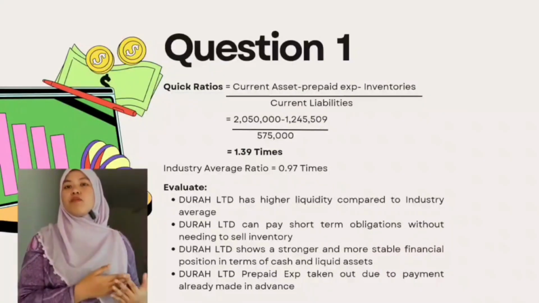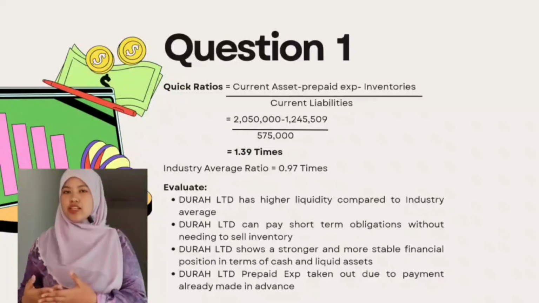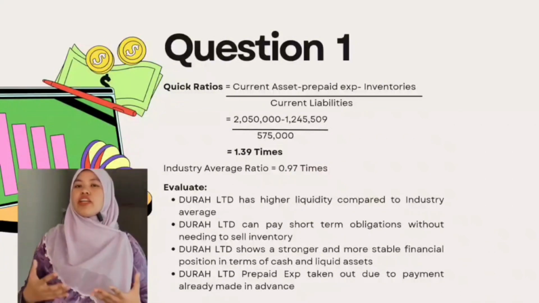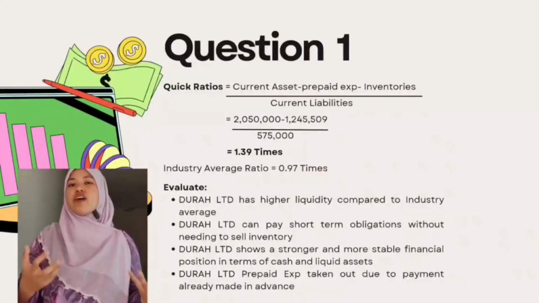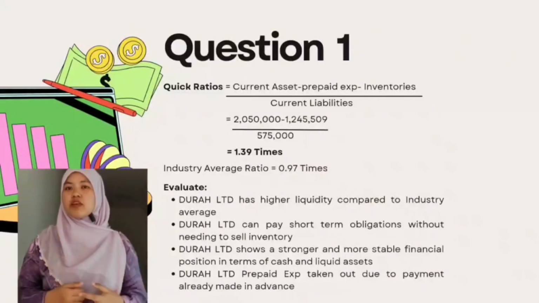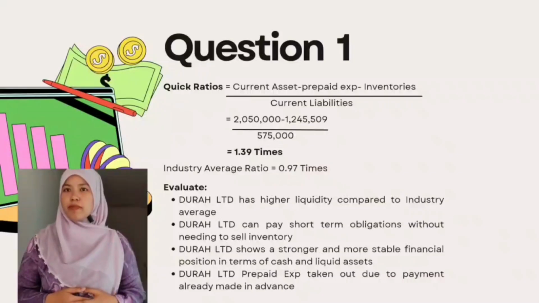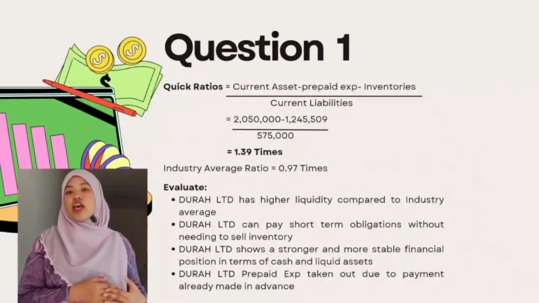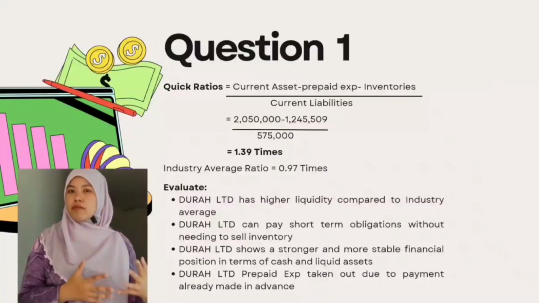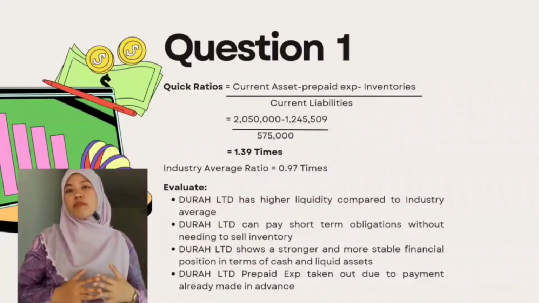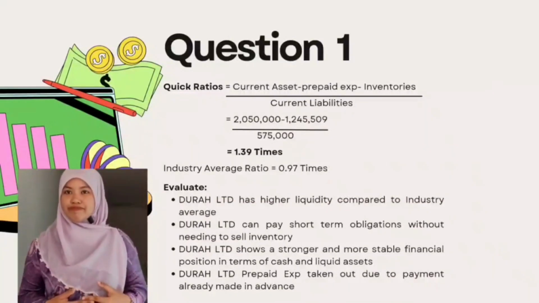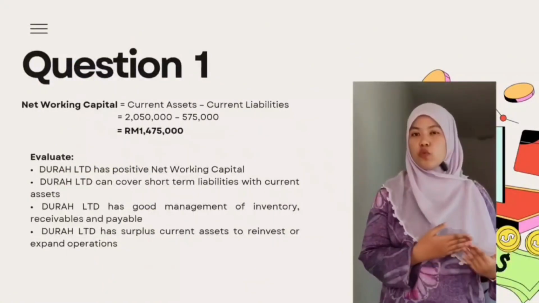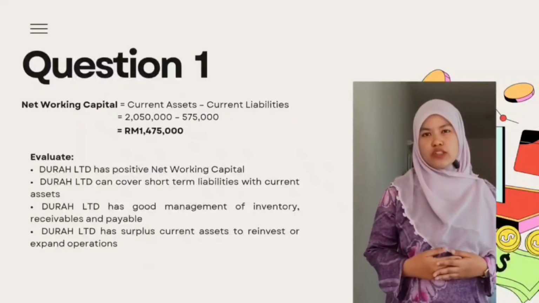With a higher proportion of cash and other liquid assets, Dura Ltd demonstrates a stronger and more stable financial position, giving investors more confidence in its ability to handle short-term liabilities. Prepaid expenses are excluded from this calculation, as these payments have already been made in advance and cannot be used to settle current obligations.